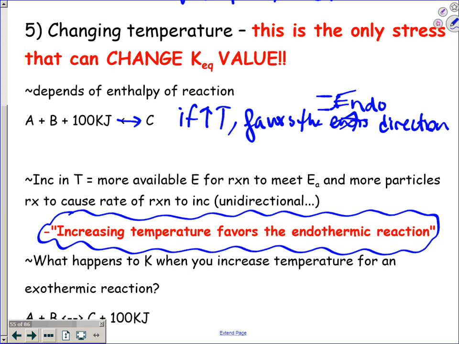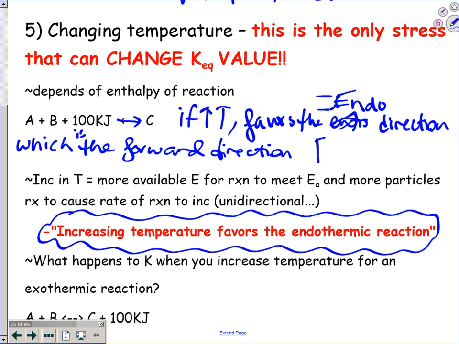Okay, so if it favors the endothermic direction, in this example, which is the forward direction, because essentially it's going to make the rate forward greater than the rate reverse, and this is a permanent change. There's no like, oh, I'm eventually going to get back to the same place where I was.